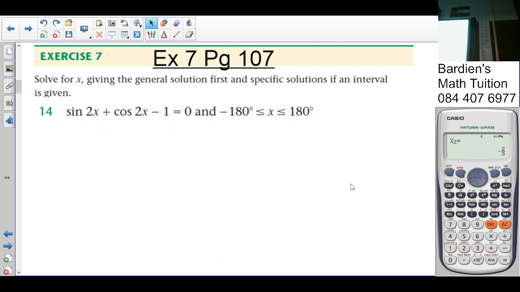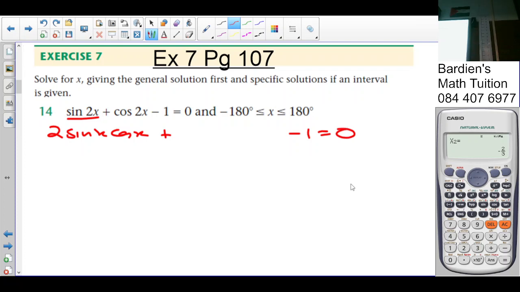Okay. Number 14. Sine 2x, cos 2x. Right, let's change the first one. That's going to be written as 2 sine x cos x plus cos 2x minus 1 is equal to 0. Which one of the three are we going to change cos 2x to? First one, which is what? 2 cos squared x minus 1. Why that one?